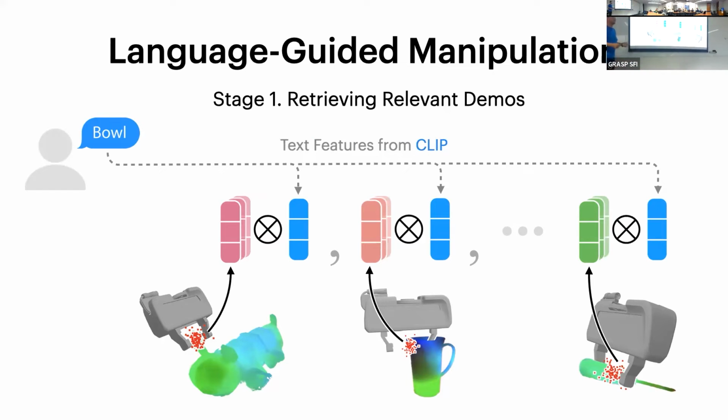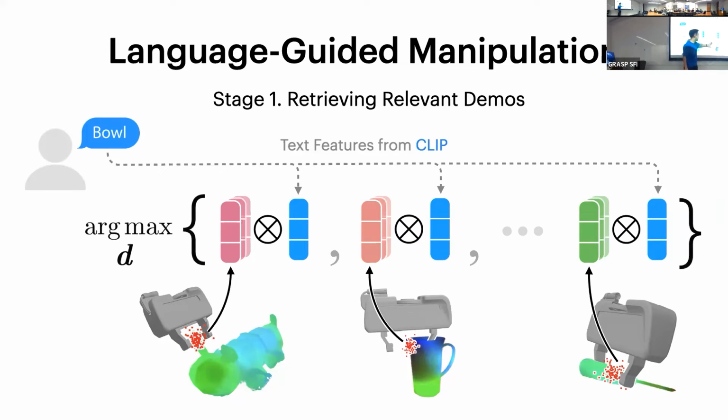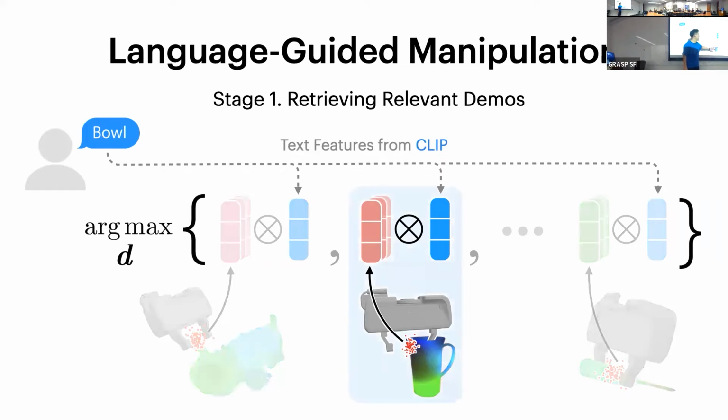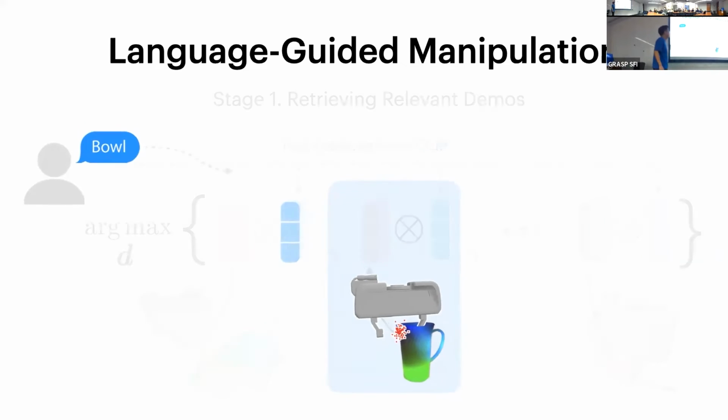We only have 4 object categories and 10 demonstrations in total for this entire paper. The first step is to use this to select the most appropriate demonstration. What's really interesting is that even though I'm asking for the ball, the demonstration being selected is the one over this water beaker.